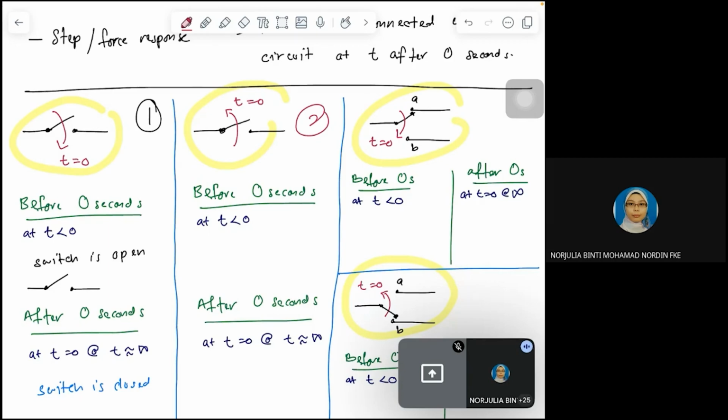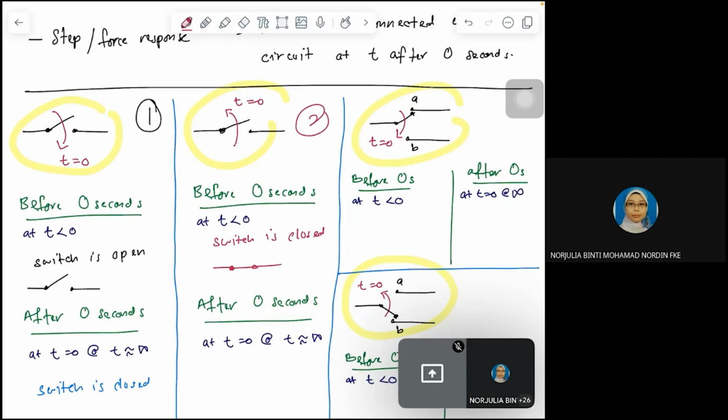In this scenario, before t equal to 0, or t less than 0, your switch is closed, and the switch is like this.